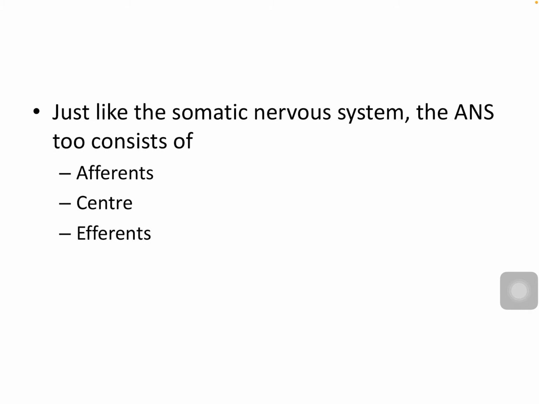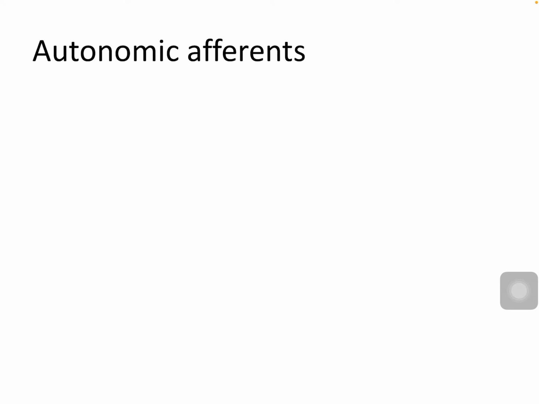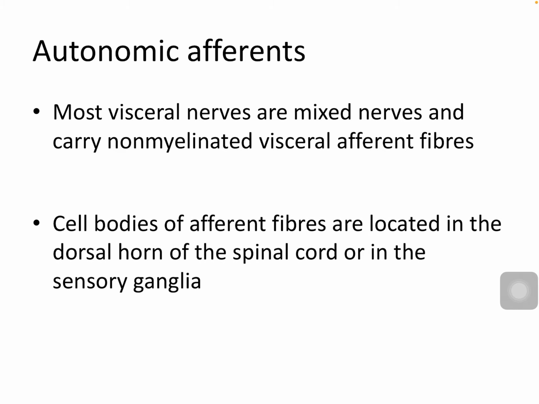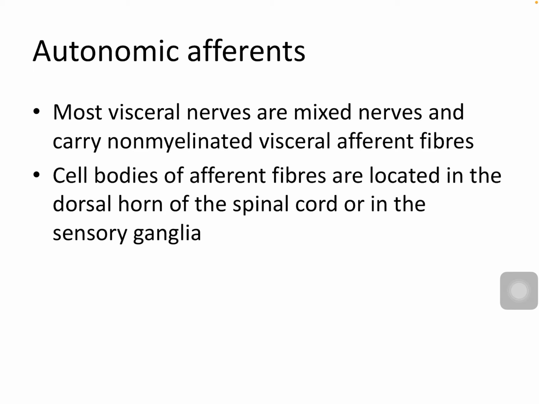Just like the somatic nervous system, the ANS also consists of afferent fibers, a nerve center or neuron body, and efferent fibers. The autonomic afferents, the visceral nerves, are mixed nerves. That is, they carry both myelinated and non-myelinated fibers, and both afferent as well as efferent fibers in a single trunk. The cell bodies of the afferent fibers are located in the dorsal horn of the spinal cord or in the sensory ganglia.